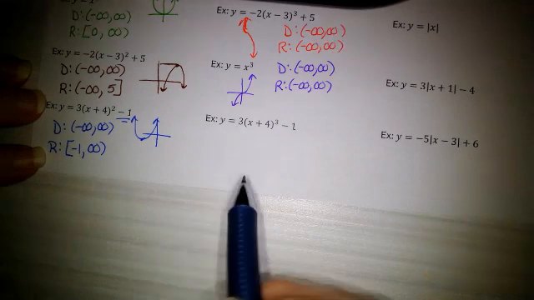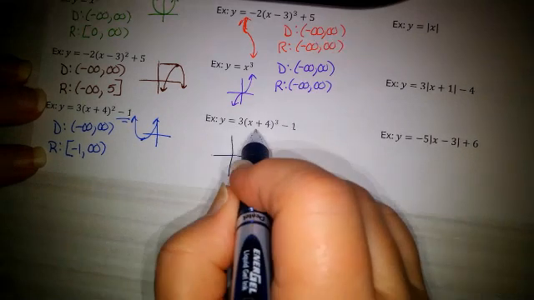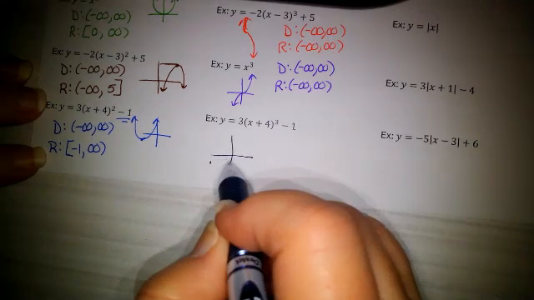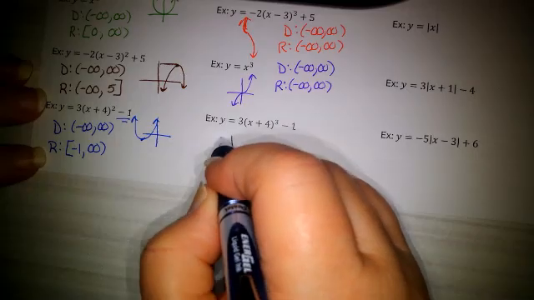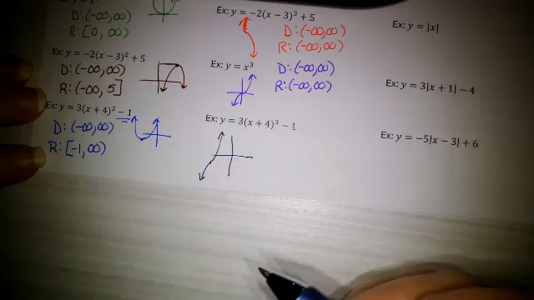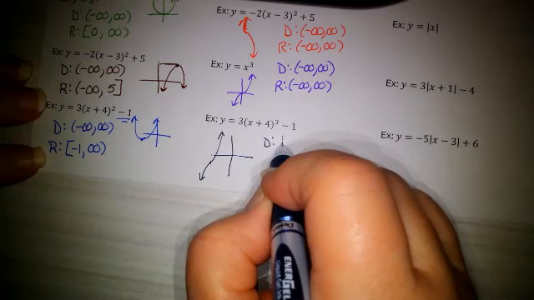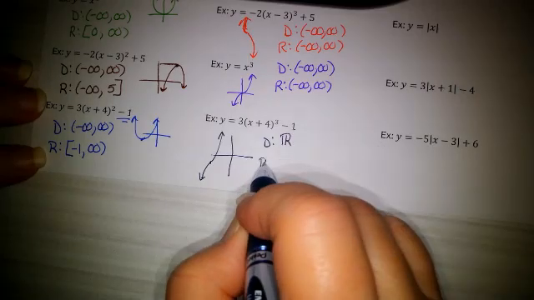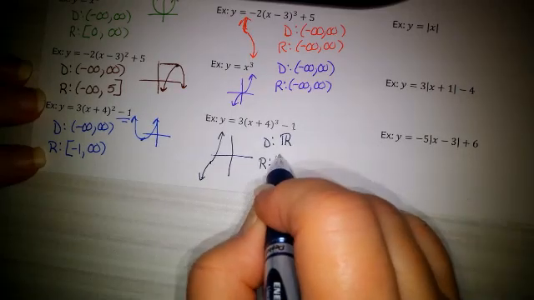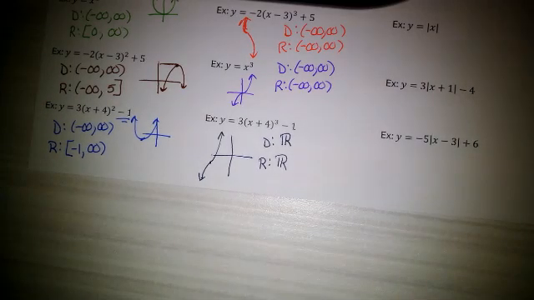This one, when we moved it to -4, -1, and we stretched it, it just looks like that. Domain, all real numbers, which you could write with the capital R if you wanted to. And the range, all real numbers. So your cubic functions, the domain and range are both all real numbers every time.